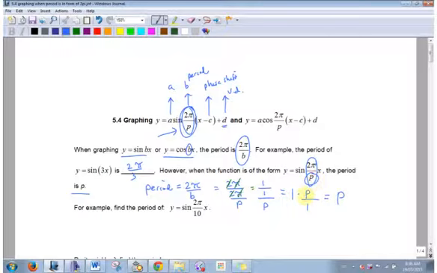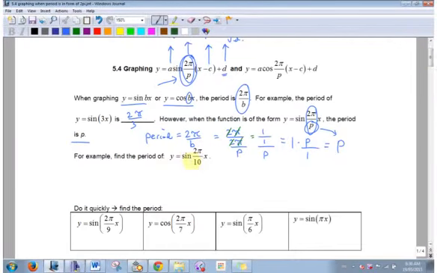If you got a 2 pi on the top, the bottom thing is just the period. You want it to look like that. So what's the period here? Hard stuff, eh? And why is that easier than other stuff we've done?